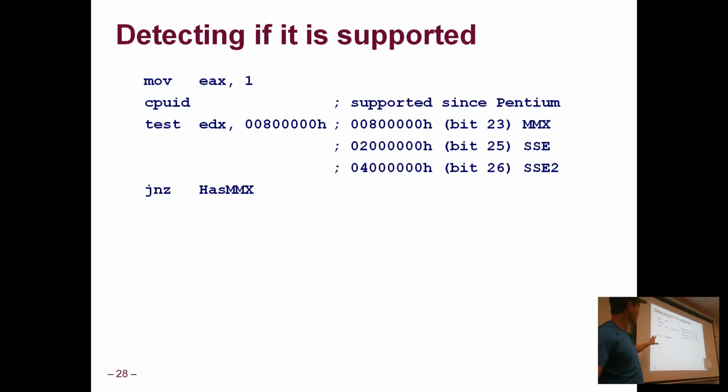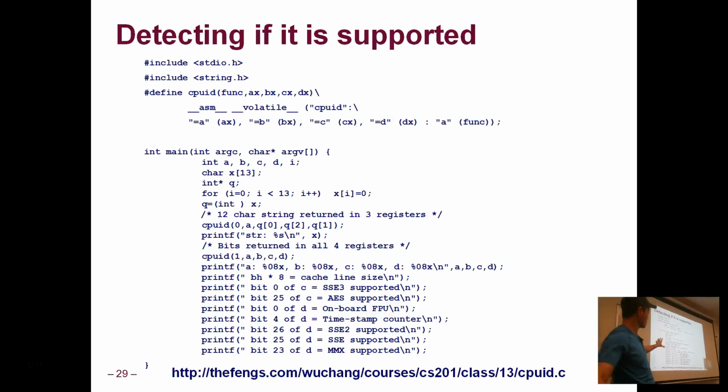Detecting if it's supported: the CPUID instruction is one way that the CPU would tell you what features it has. Another way is through this program, which calls CPUID in embedded assembly. You get all the bits in registers, and then based on the register positions, different bits mean different things are supported.